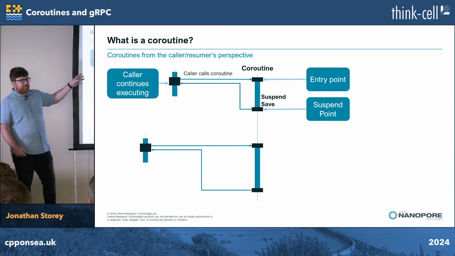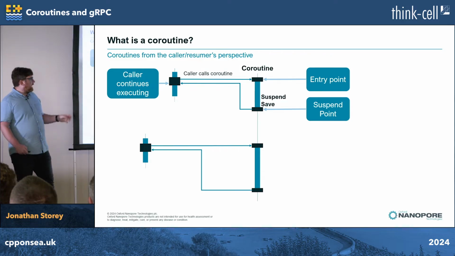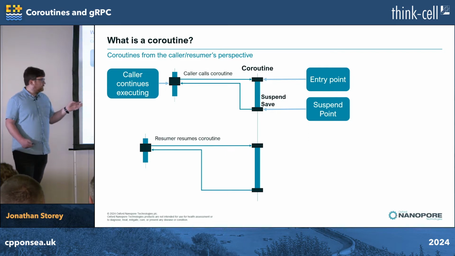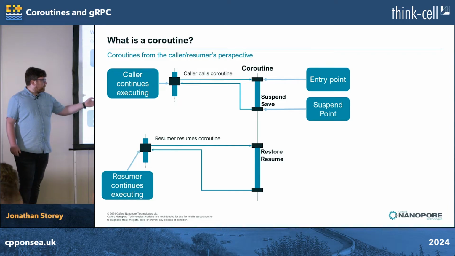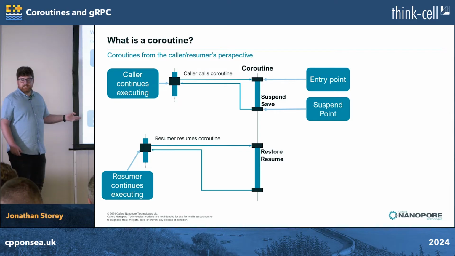The coroutine is just sat there not doing anything. At some point later, a resumer can come along and resume the coroutine. The coroutine's state is restored, it picks up from where it left off and continues executing. Then when the coroutine finishes executing, control returns to the resumer, and the resumer continues executing.